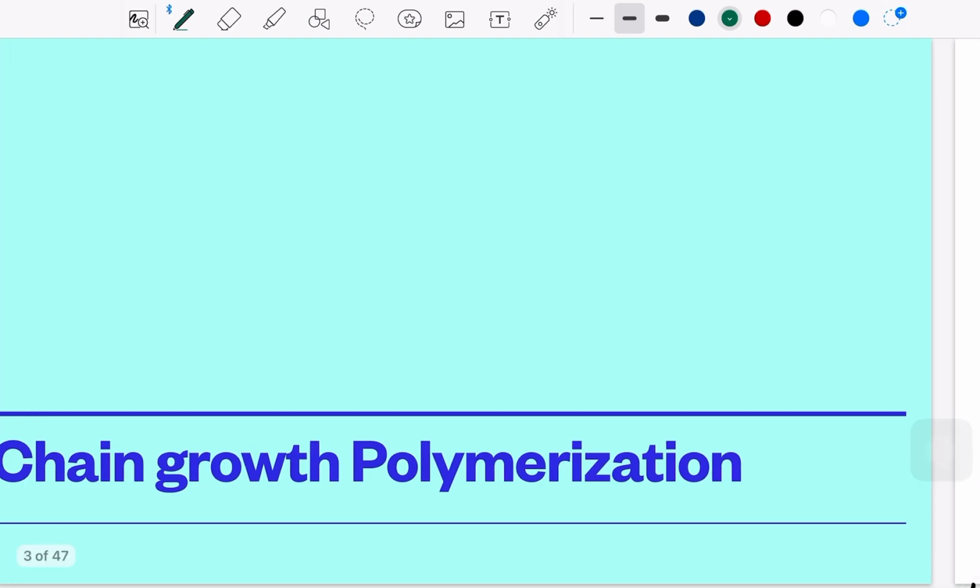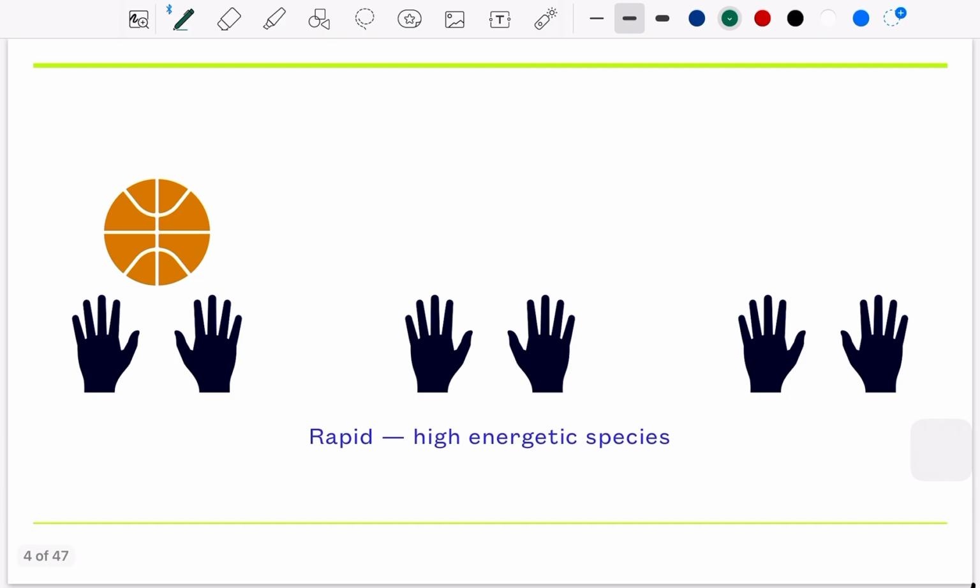Okay. So suppose you are playing basketball, okay, or maybe imagine the ball in your hand is very hot. Maybe the ball was put in the middle of the field on a really sunny day.